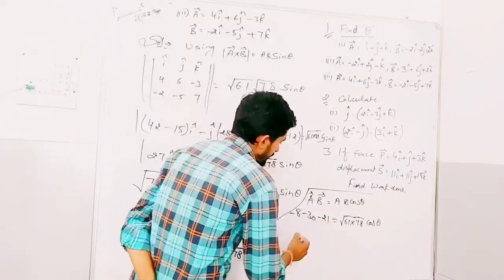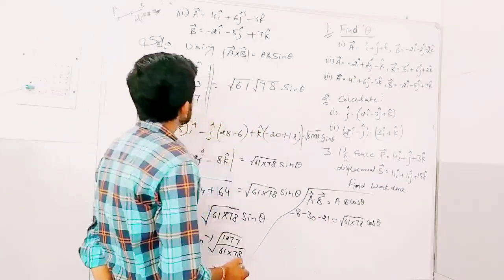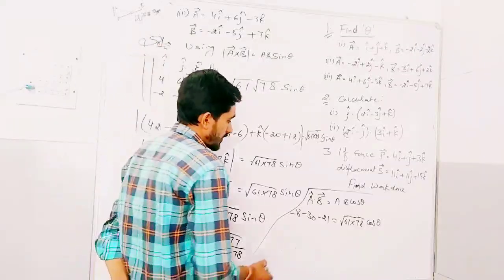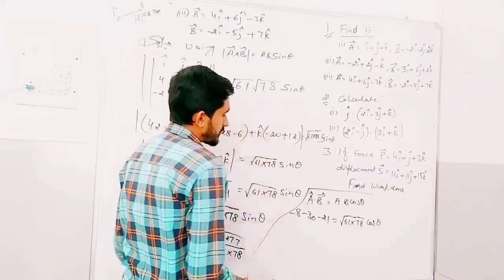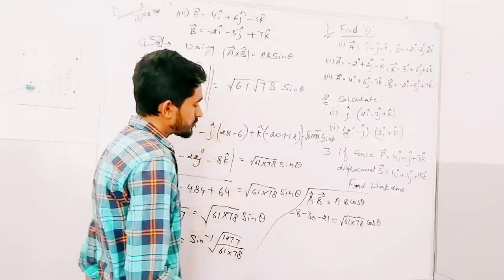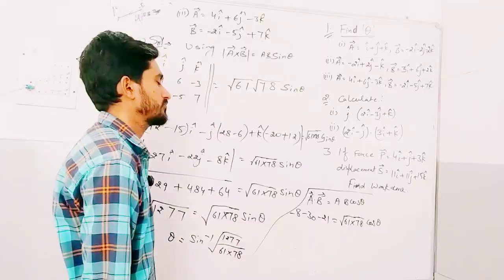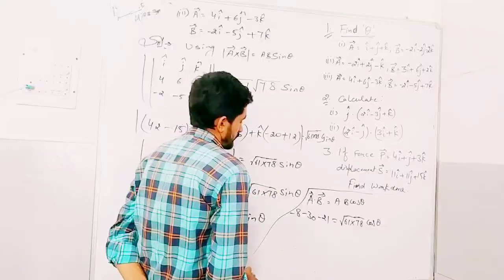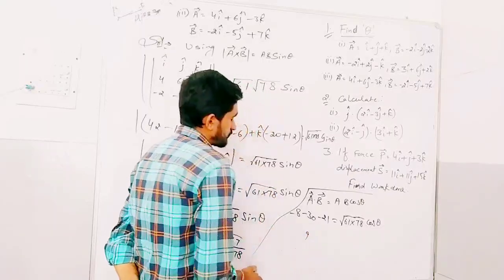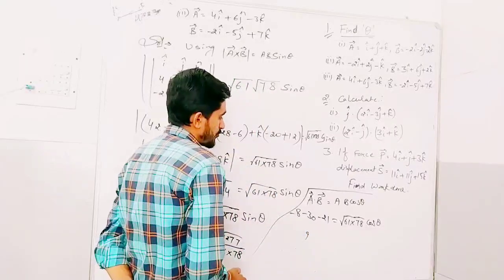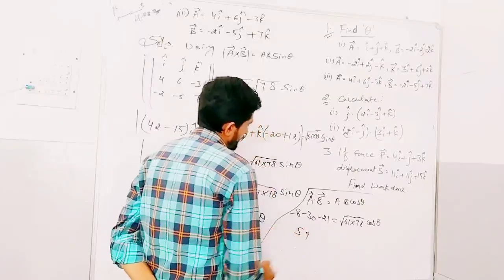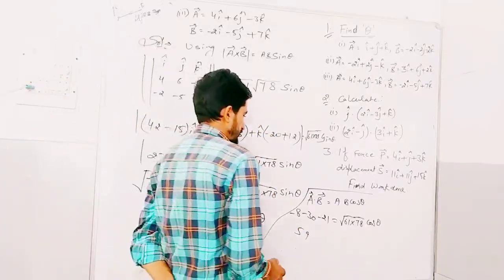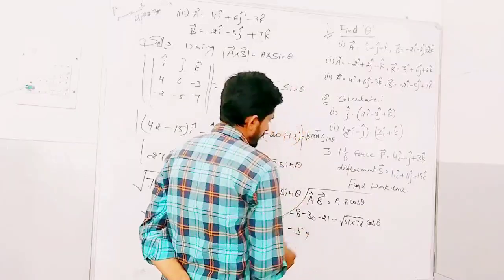And then here we will get theta. What does theta give? 38, 21... 2 5 59, I think so. 59. Yes, minus 59.